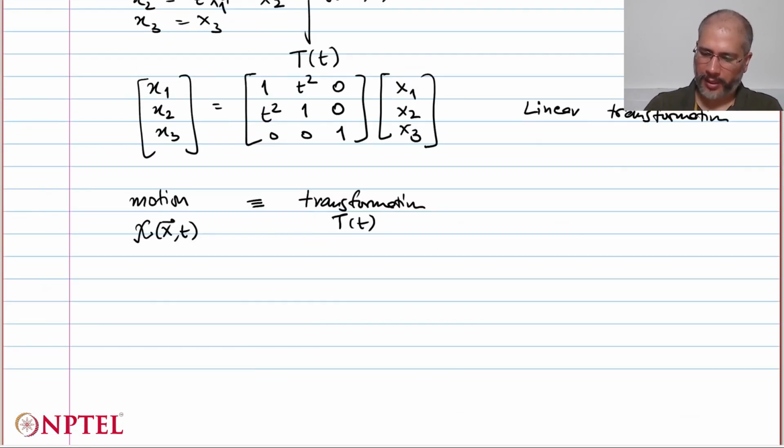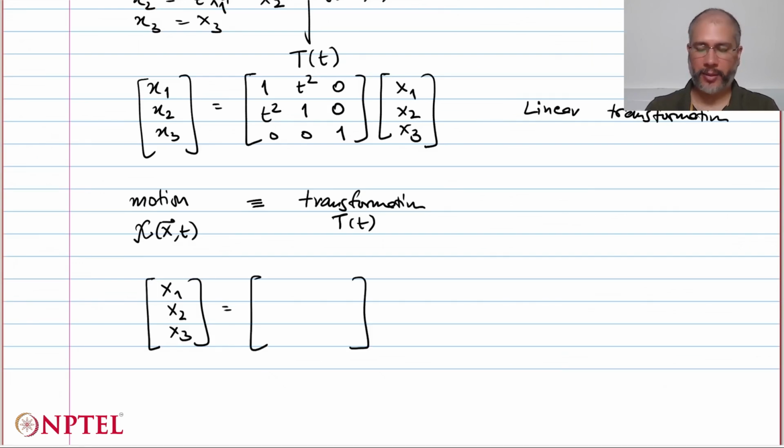So if I want chi inverse, that basically means I want to write the capital X vector in terms of some matrix times small x1, small x2, small x3. So given the spatial coordinates and some time, we want to trace back where the particle was sitting in the reference configuration.